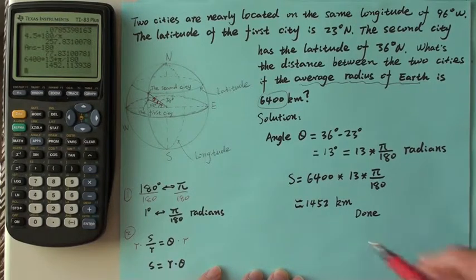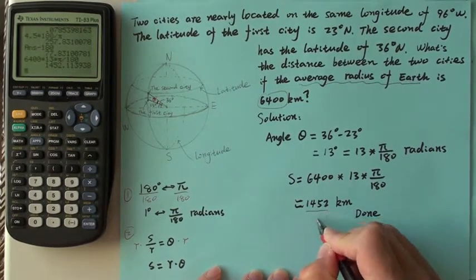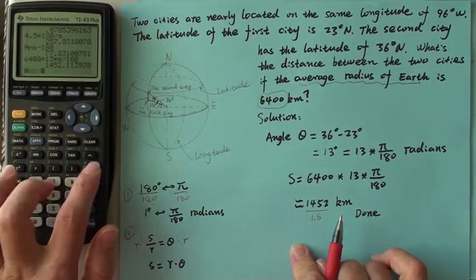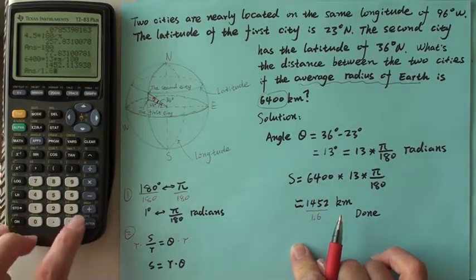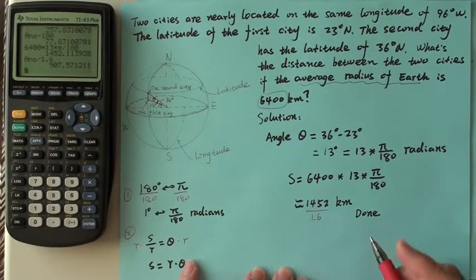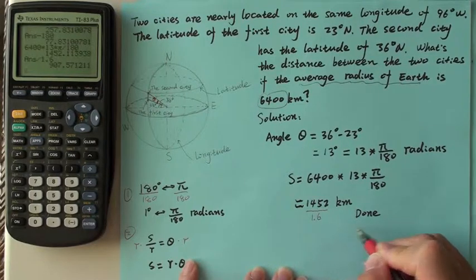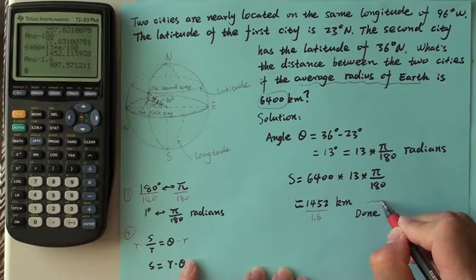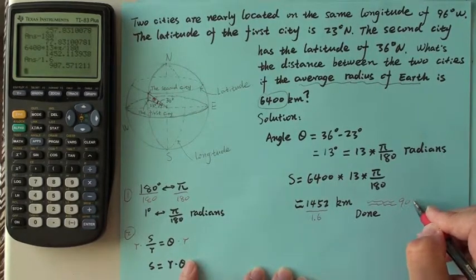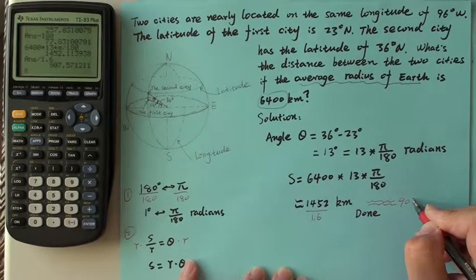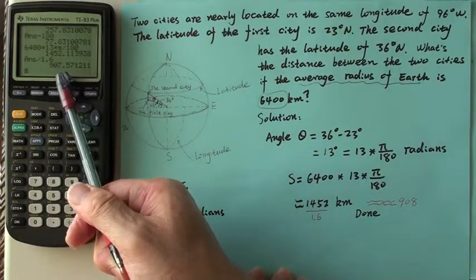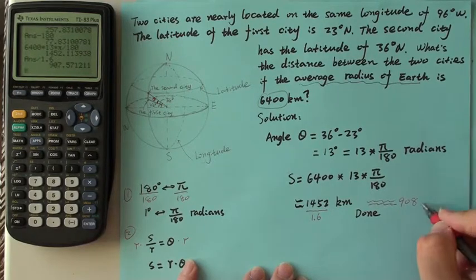So if you divide this number by 1.6, the distance between those two cities is approximately 908. Here is 5, so you round it up. Miles.